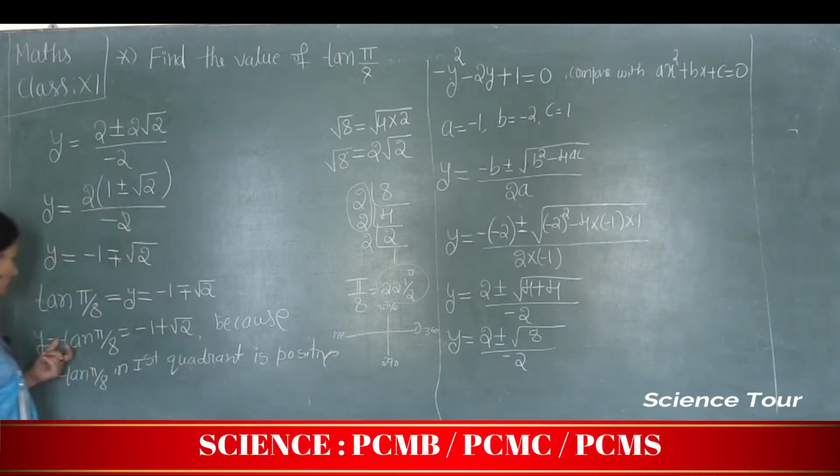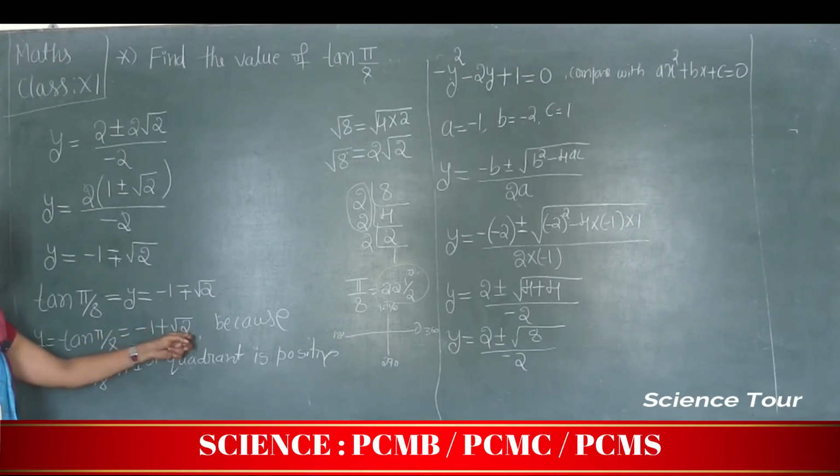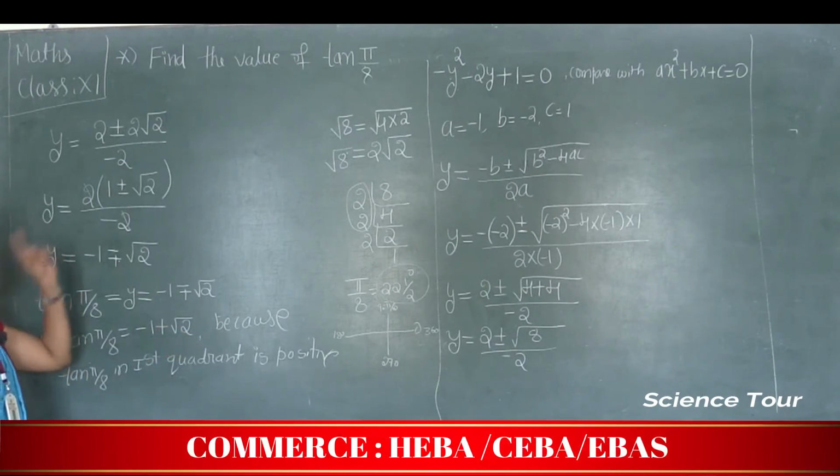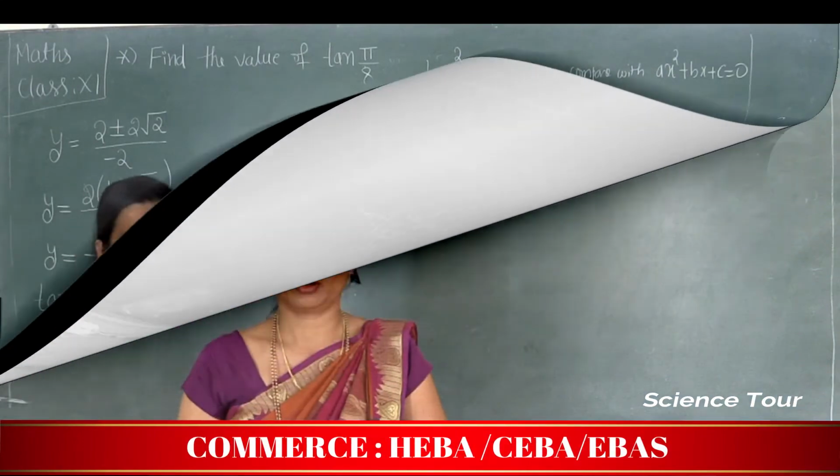So therefore, tan pi by 8 is minus 1 plus square root of 2. Clear this? Important for 3 marks.